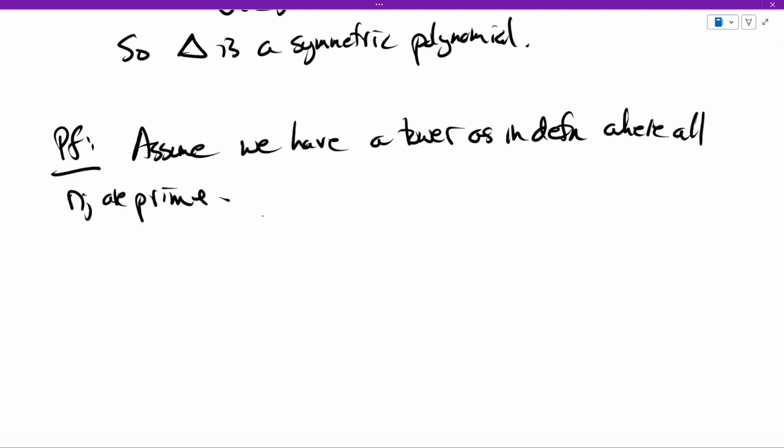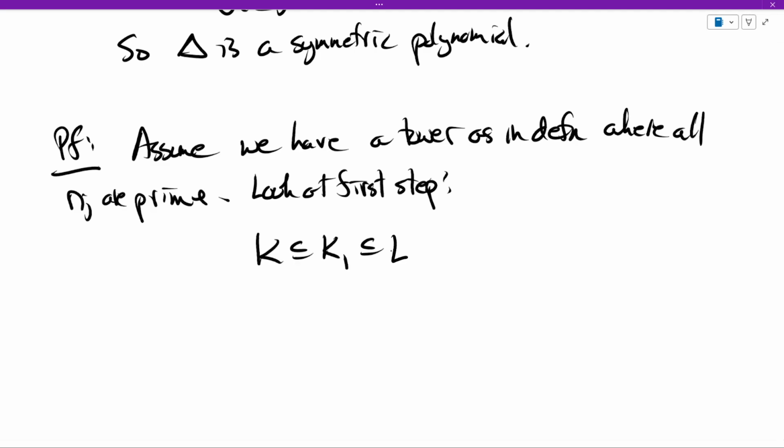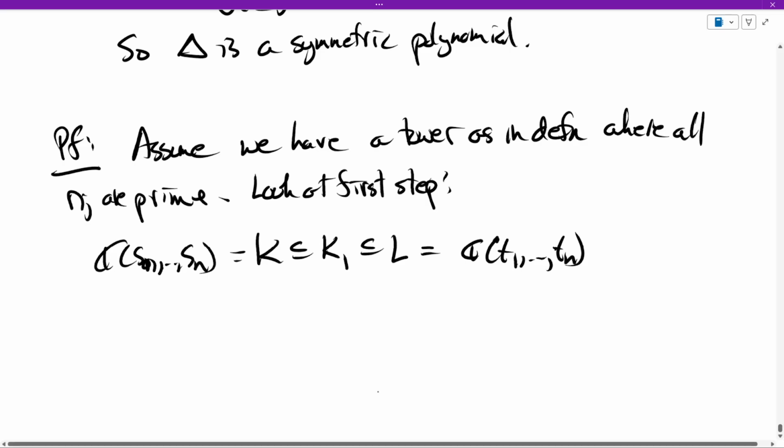Let's look at the very first step, where again K is the field of symmetric polynomials in the roots, and the top is the whole field of roots. We're going to look at just that first step.